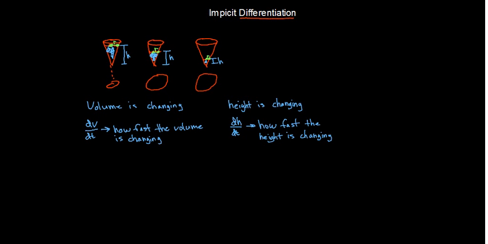I'm going to write that up here. The radius is changing. So therefore we have a dr/dt, which tells us how fast the radius is changing.